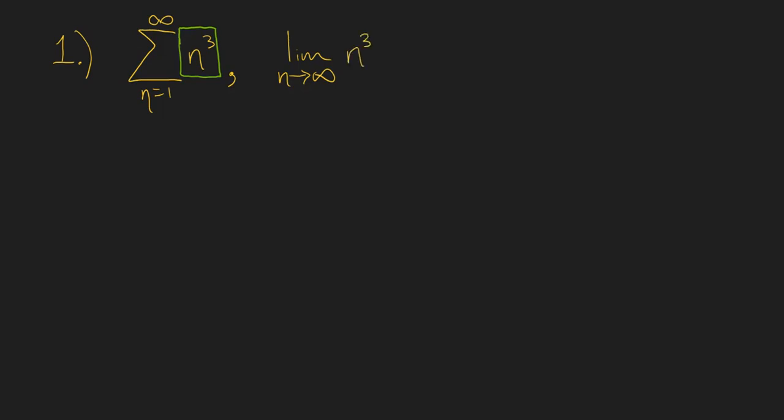Well, as n gets progressively large, and as it tends toward infinity, n cubed will obviously grow without bound. n cubed looks something like this for values of n greater than 0. So it will grow without bound as n goes towards infinity.